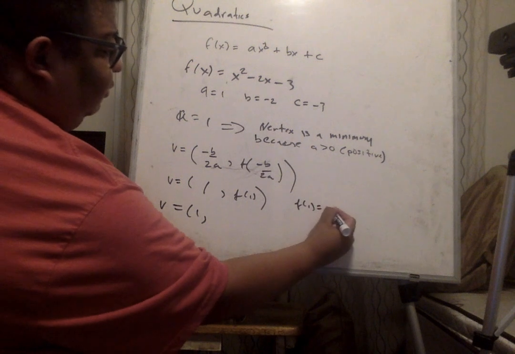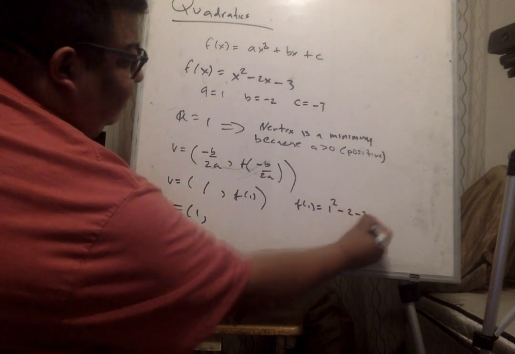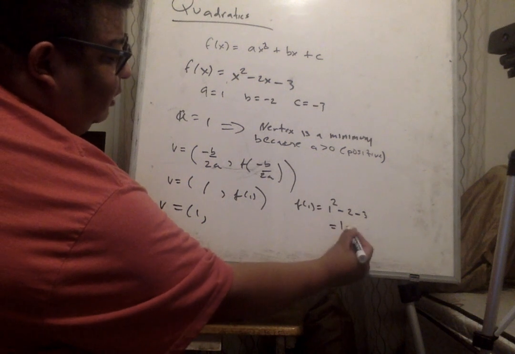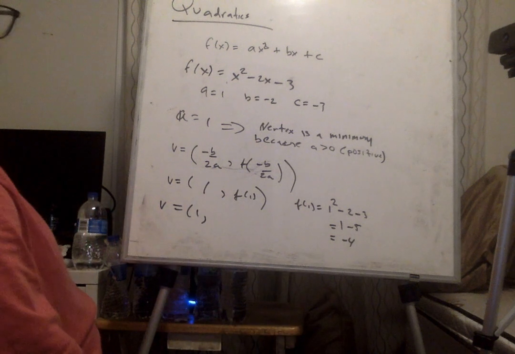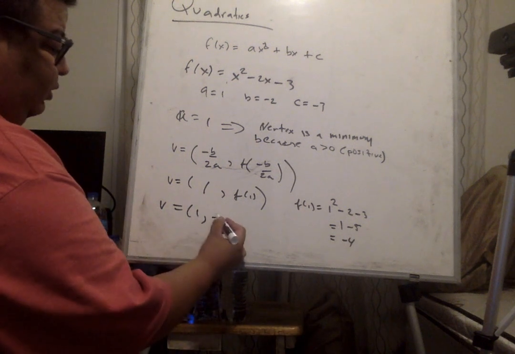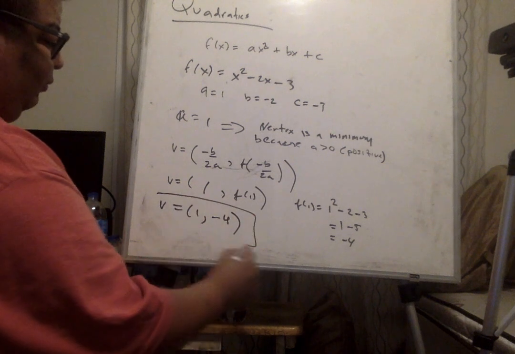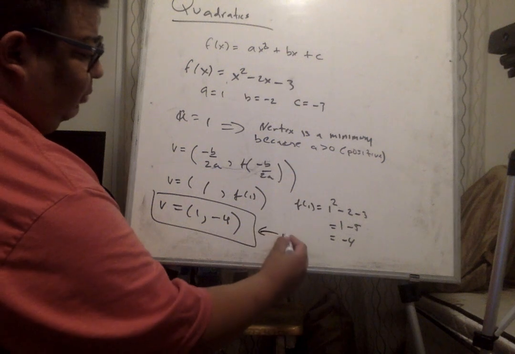That will be 1 squared minus 2 minus 3, which is 1 minus 2 minus 3, that's minus 4. So your vertex is (1, negative 4), and that's your minimum.